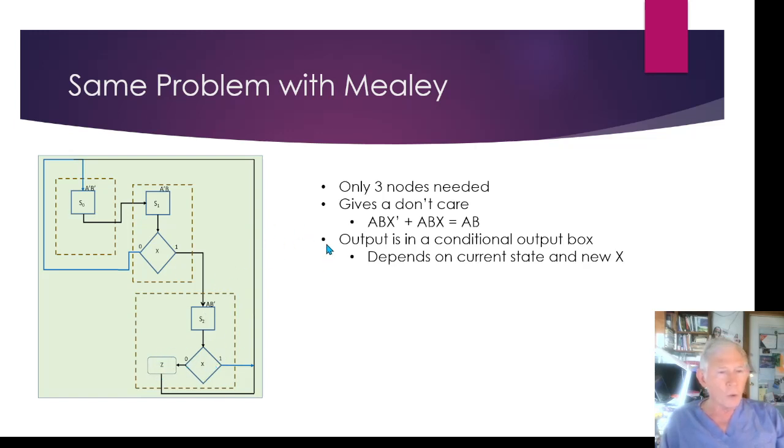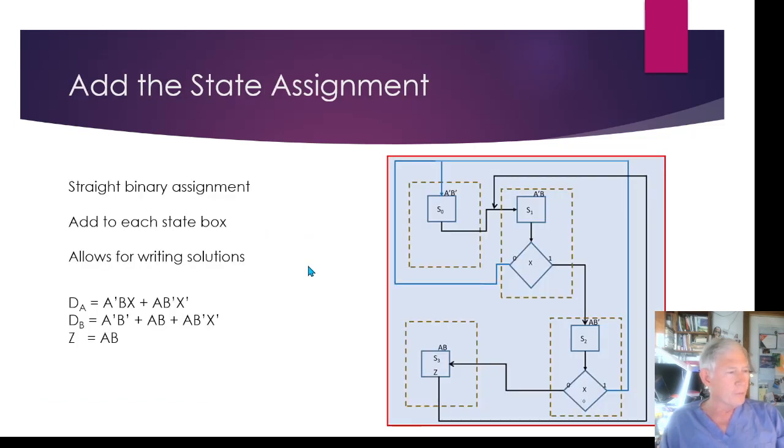In the Moore output, notice there's only an output in S3. The Z is 0 in all these, and there's no conditional outputs because there's no Mealy outputs in this Moore problem. Now you could have both, and you will see that.